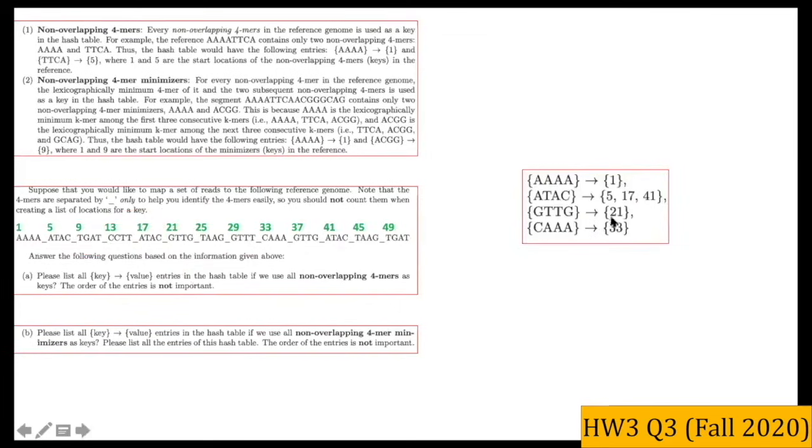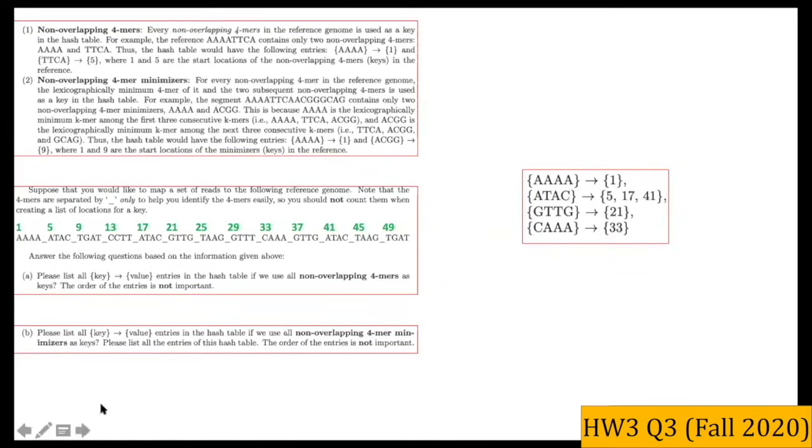So I think we already found the one located at 5 and 17 and 21. So for the remaining, when you continue to solve it by yourself, you should get the one located at 33 and 41. And this will be the answer for point B.